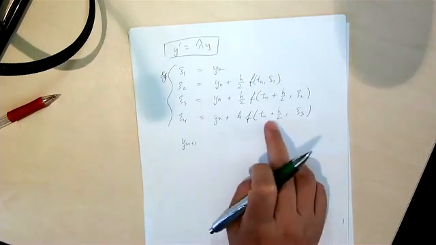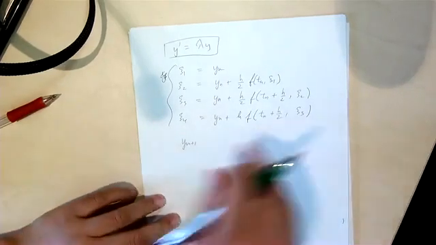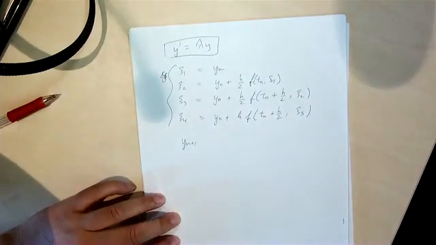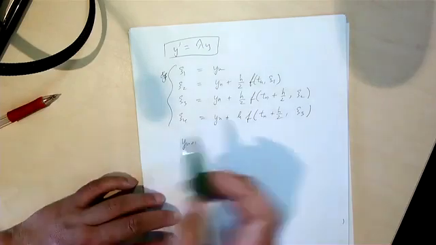This one should be h/2. No, this one is c4, c4 is right here, so this one should be c3, and this one is c4. But the coefficient here is 1, so that's why I have h here.